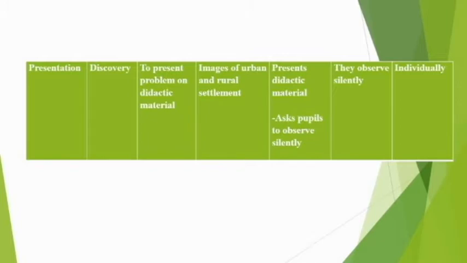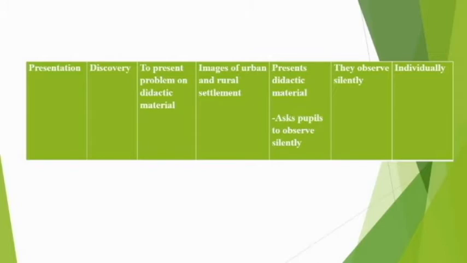And the main matter here is images of urban and rural settlement. At the level of facilitator's activity, we have present didactic material. The teacher presents didactic material on the chalkboard, or any other teaching aid.